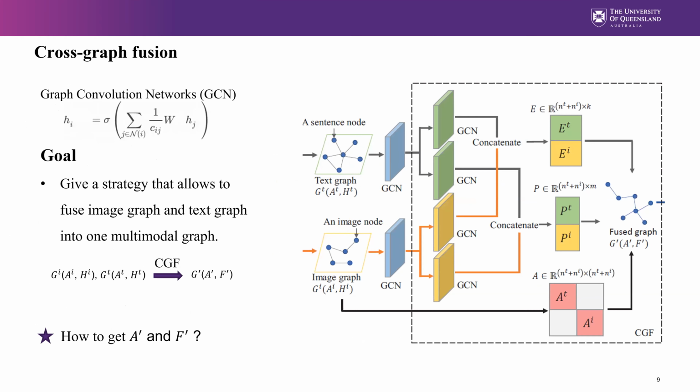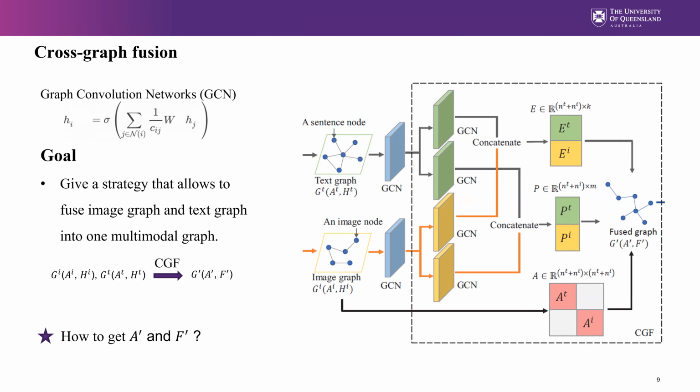Now let's find out how the proposed cross-graph fusion works. Firstly, I want to give a short description of graph convolution networks. The general idea of the graph convolution network is to apply convolution over a graph.